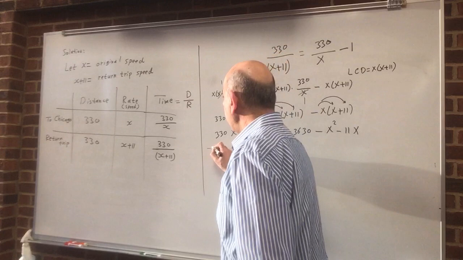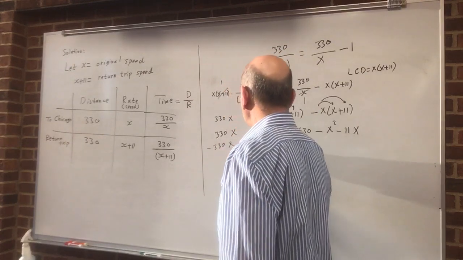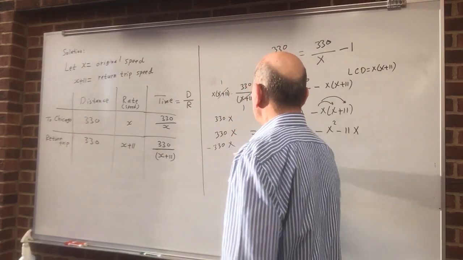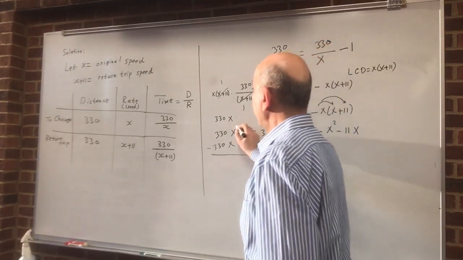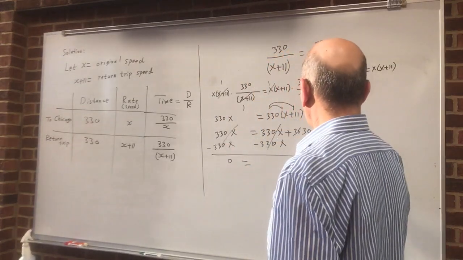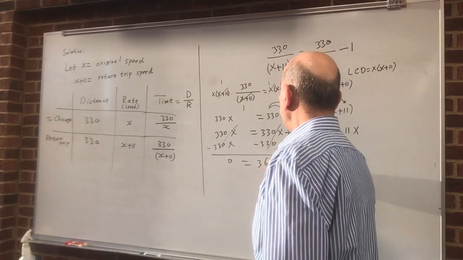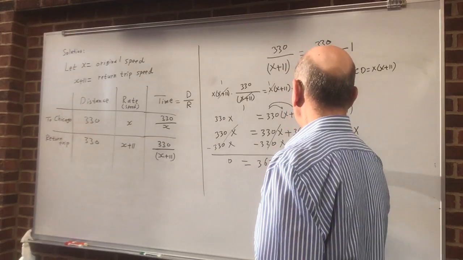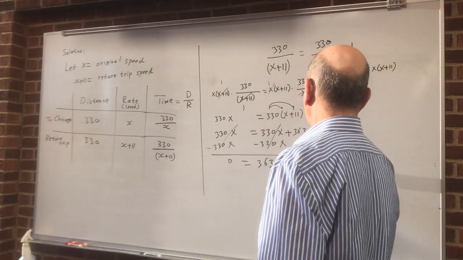Subtract 330x from both sides, so we get 0 equals 3630 minus x squared minus 11x.